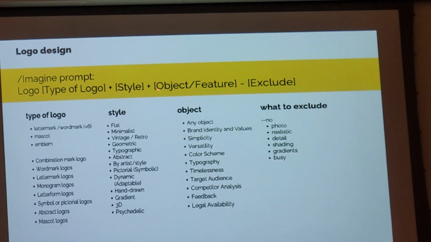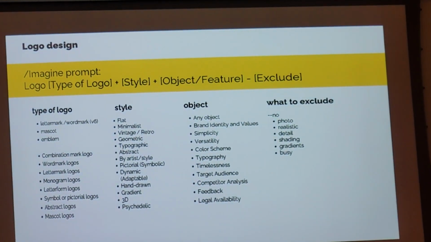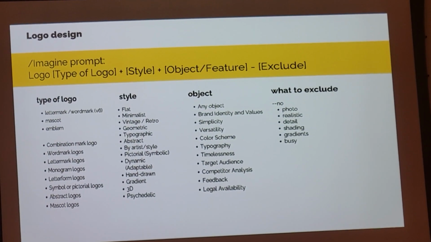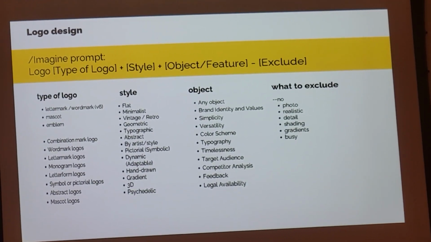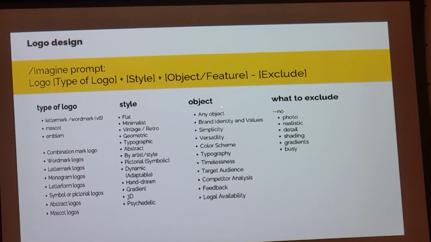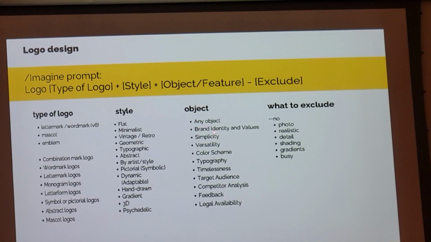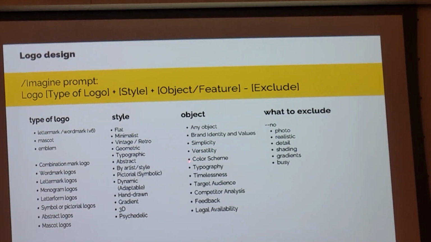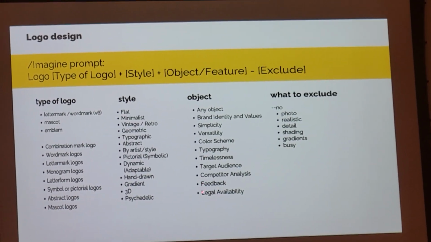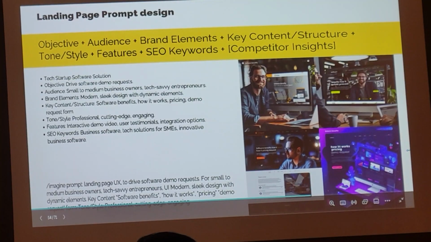The objects and the features, right? Is it a logo of a dog, logo of, I don't know why I have a dog as an example. It could be a logo of a smartwatch, a monkey, anything you want. And you can also include details, whether it needs to be simple, whether it needs to be art deco, etc.